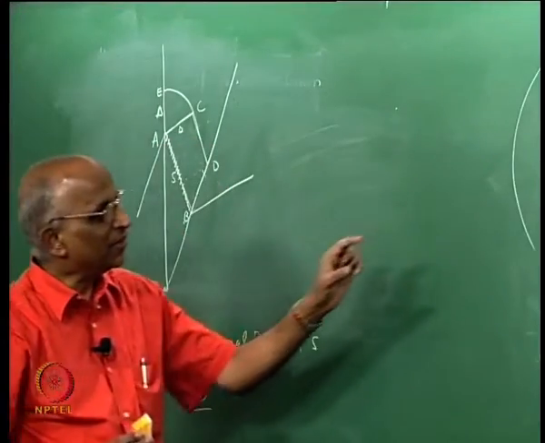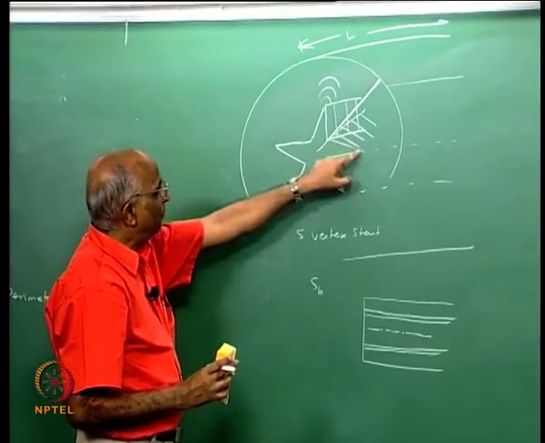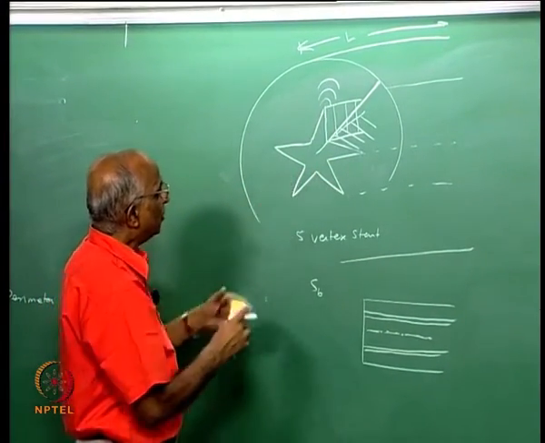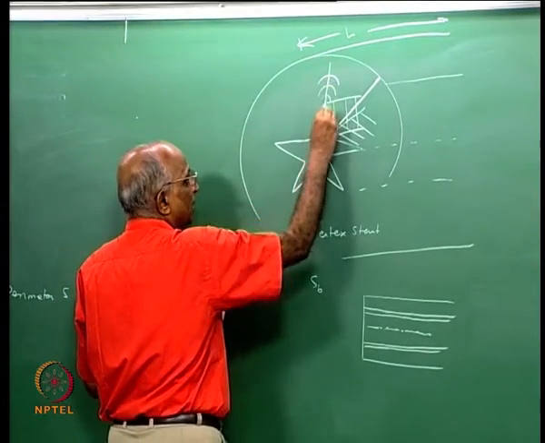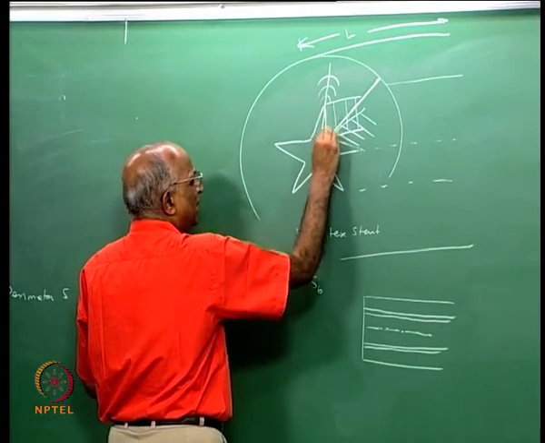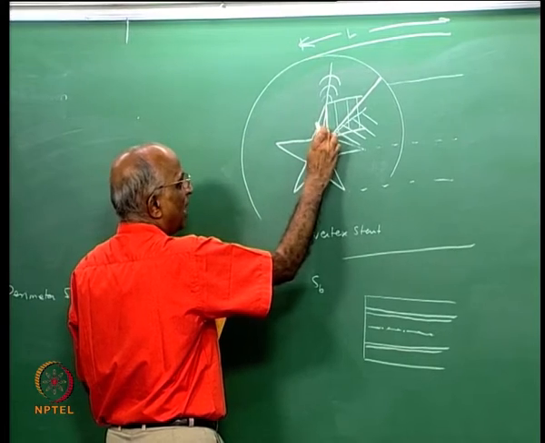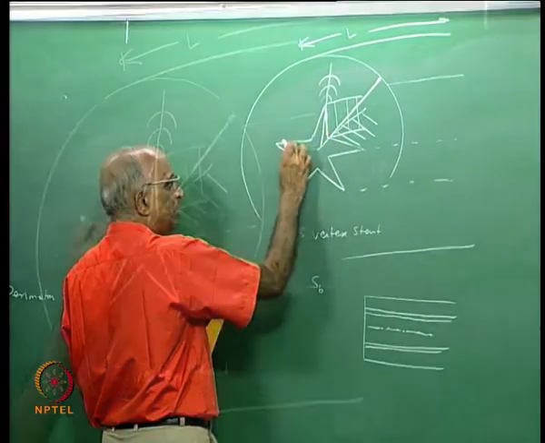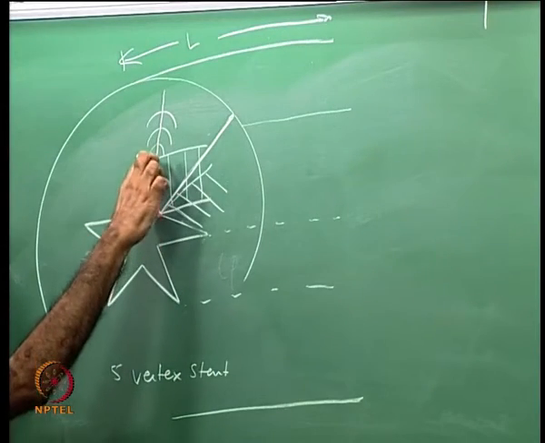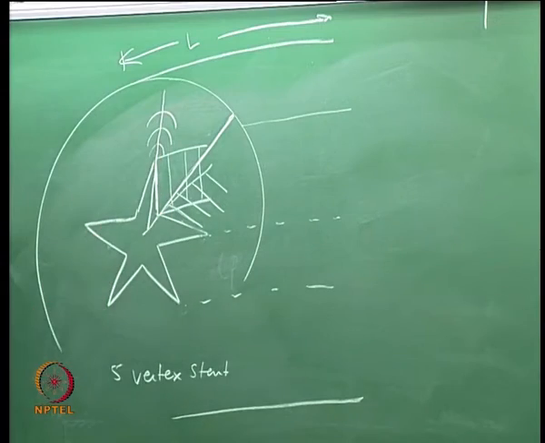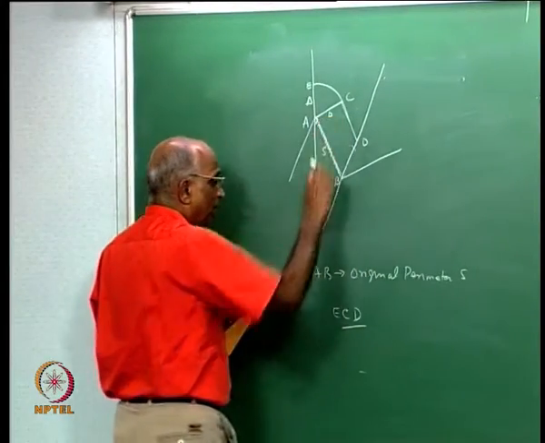All what we are saying is I have n vertices, I choose a symmetry plane such that I am interested only in examining a single line over here, and whatever happens to this line will happen to this, will happen to this, and therefore I looked at this particular line.